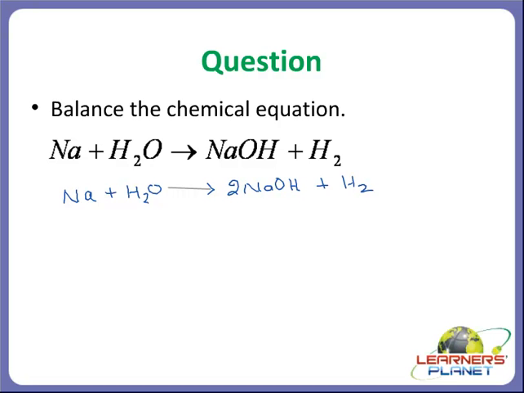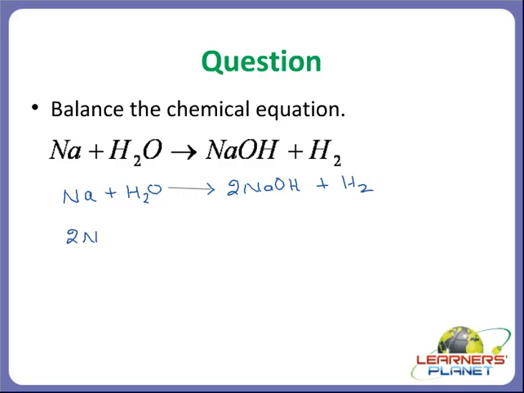Clear? Now, how many hydrogen are here now? 2 plus 2 is 4. Okay. How many oxygen are here? There are 2 oxygen atoms. Right? And on the LHS side, how many oxygen are there? There is only 1 oxygen atom. How can I balance this, children?